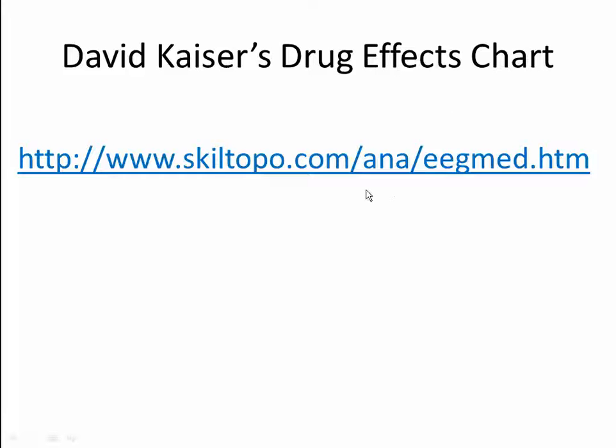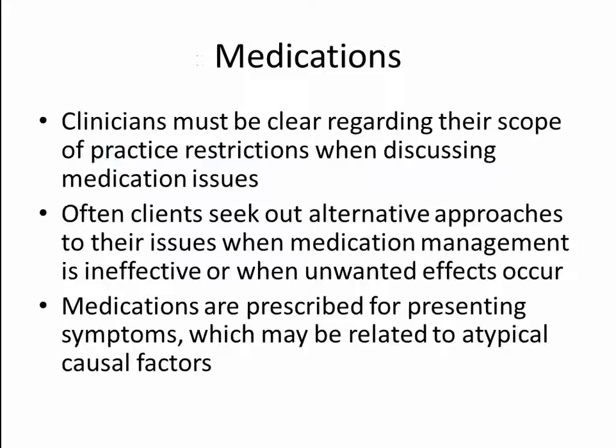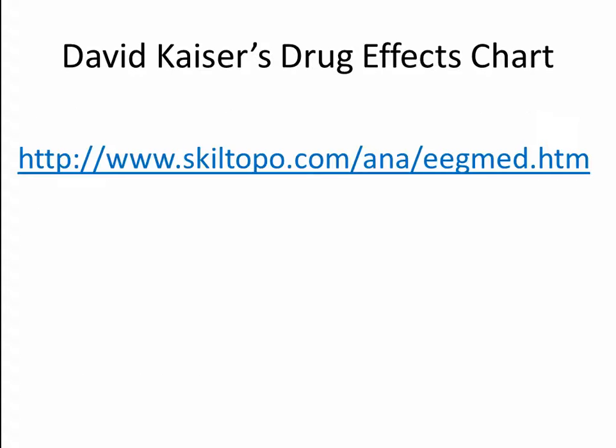Now this link is no longer valid. I just checked it before the class, and they must have forgotten to pay their website fees, because this is the skill database website and it's no longer valid. So I'm guessing they forgot to keep up their registration. Somebody got the email and just dumped it into their spam file. This used to be a nice resource.